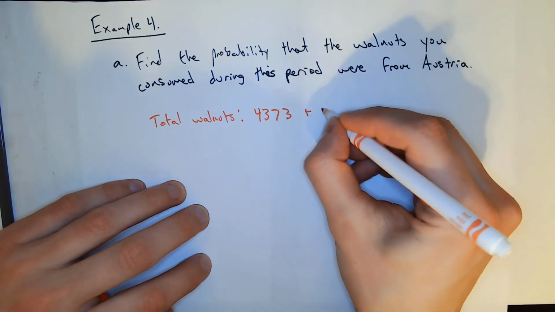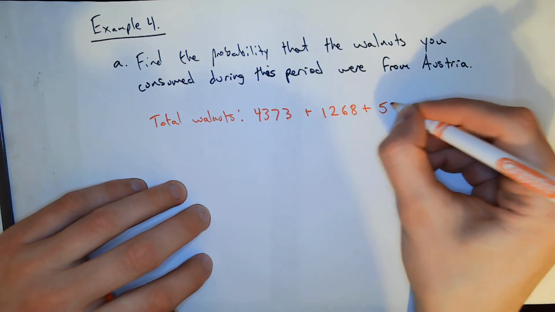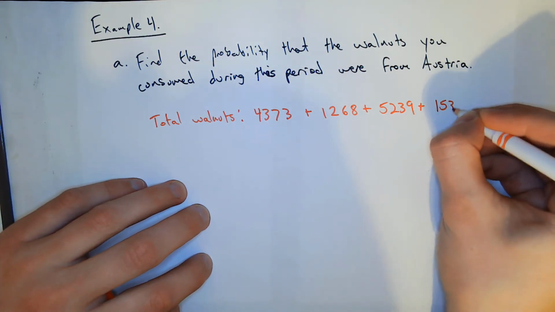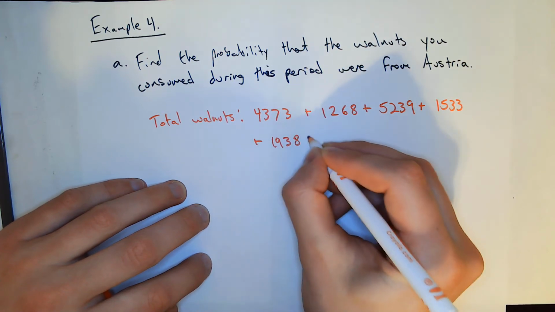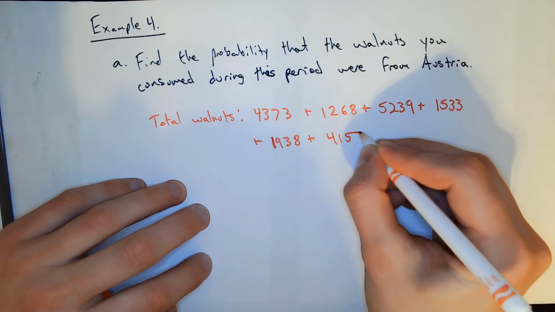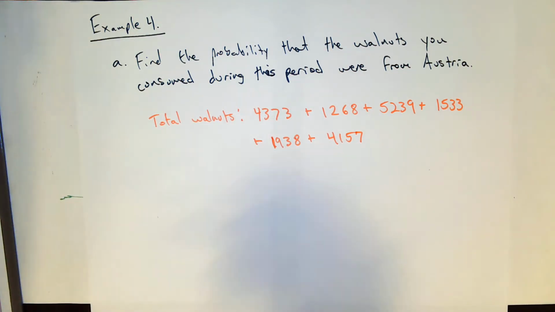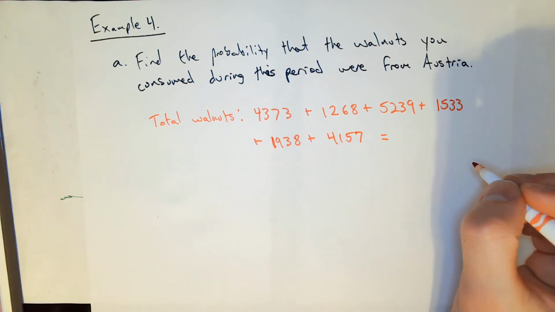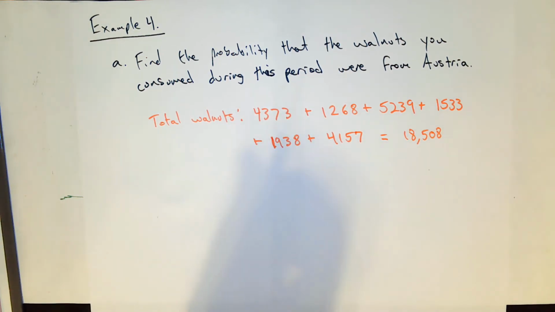Mexico, not so many, 1,268. Spain, 5,239. Okay, so they export a lot of walnuts. China, 1,533. Austria, 1,938. And then from other countries that didn't make it to the table, 4,157. That's going to be equal to 18,508. That's my total. This will be the size of my sample space.